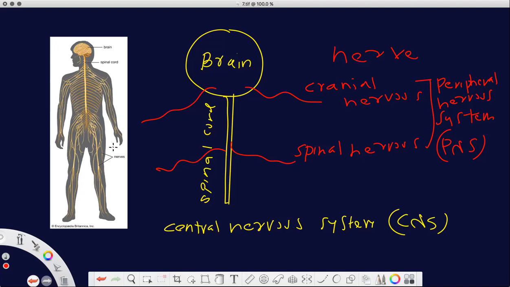So we are going to learn next what is the structure of the neurons, how it looks like, and maybe later on we're going to see how this neuron is capable of making small electrical changes, and how these electrical changes move from one side of the body to the next side.